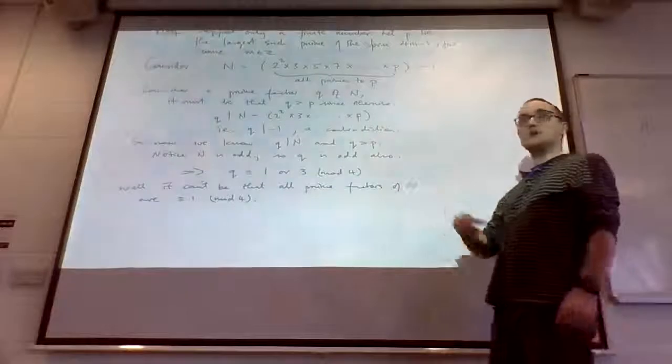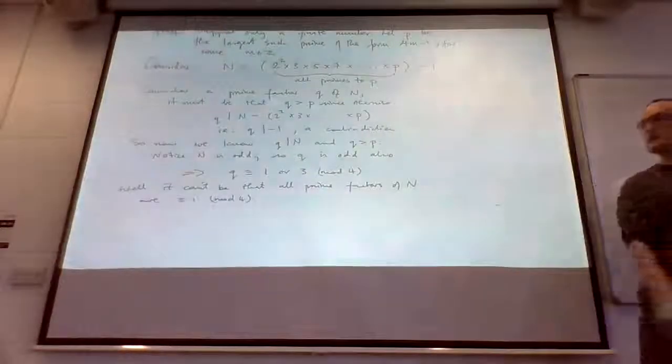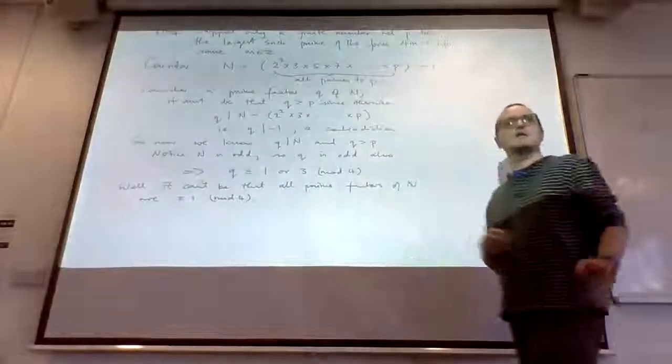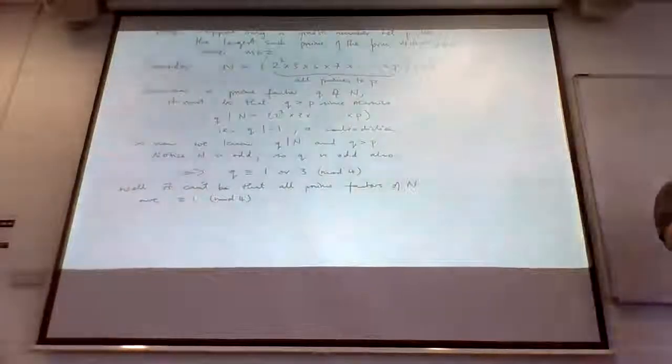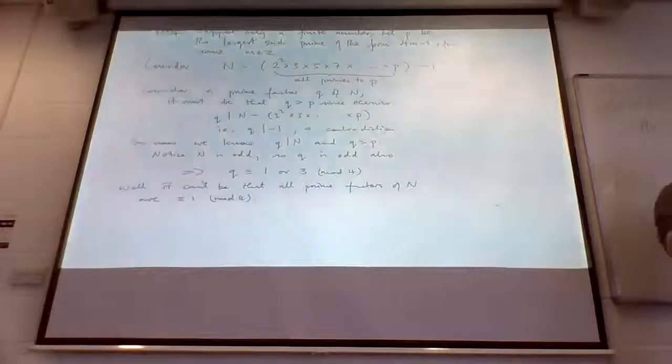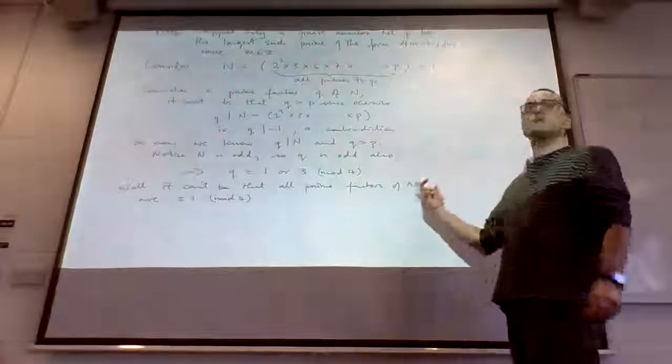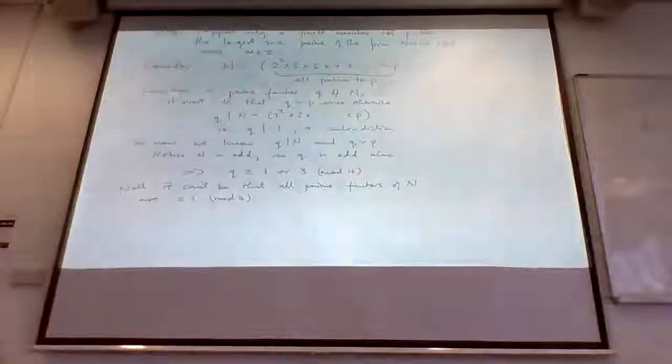So you get n by multiplying together all of its prime factors. But if they were all congruent to 1 mod 4, well, when you multiply numbers that are congruent to 1 mod 4, the result is again congruent to 1 mod 4. Yeah? So that would mean that n would have to be congruent to 1 mod 4.